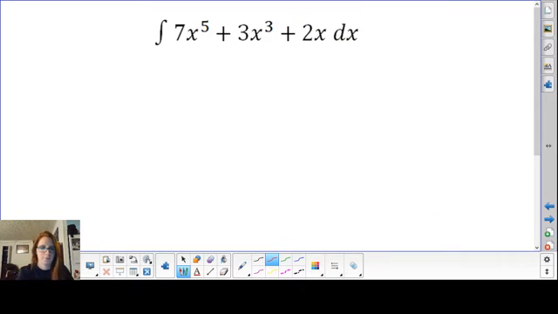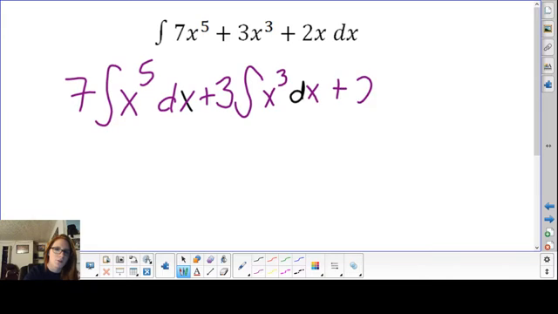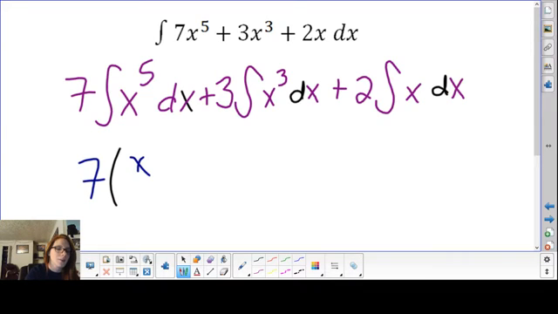Alright, let's try another one. I can pull out my 7, take the integration of x to the 5th dx, plus 3 times the integration of x cubed dx, plus 2 times the integration of x dx. Okay, so that's 7 times x to the, anyone have an idea of what's going to come next?